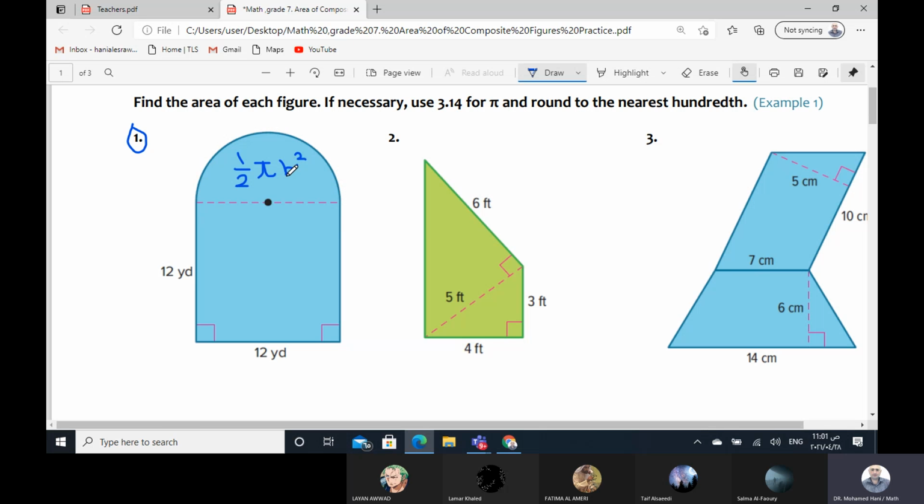Okay, how to know the radius? We have the diameter 12. So the radius will be the half of the diameter. 12 divided by 2 will be 6. So the radius equals 6.